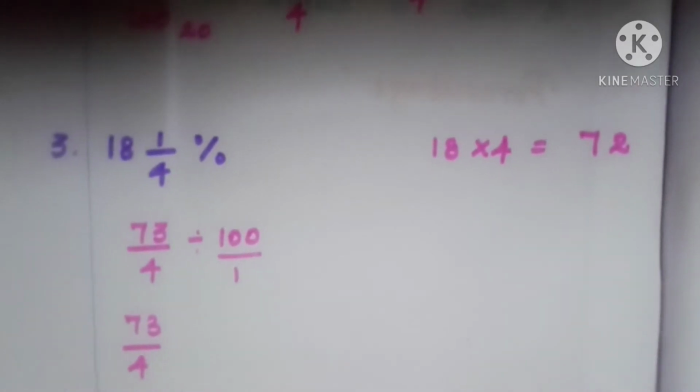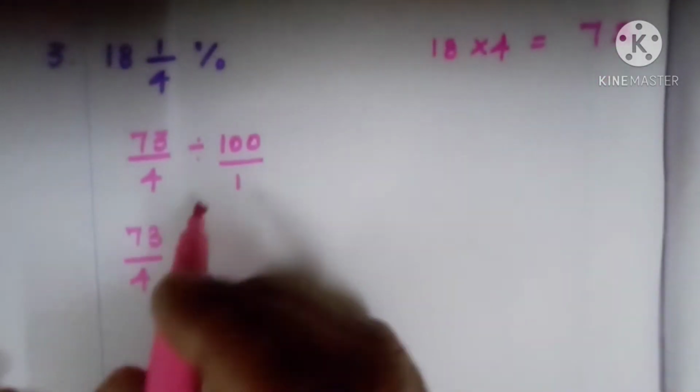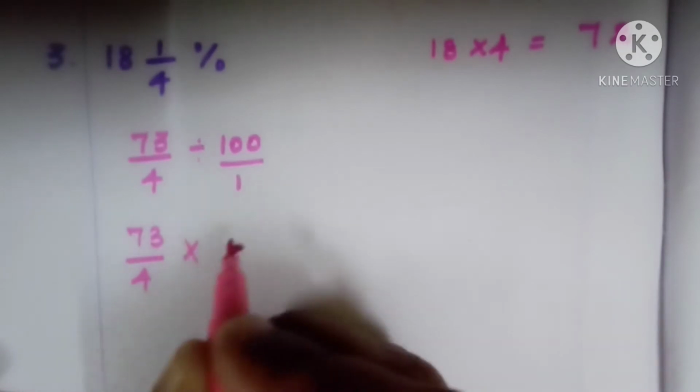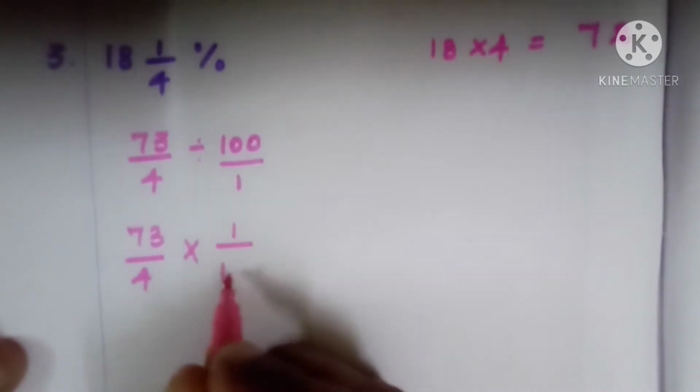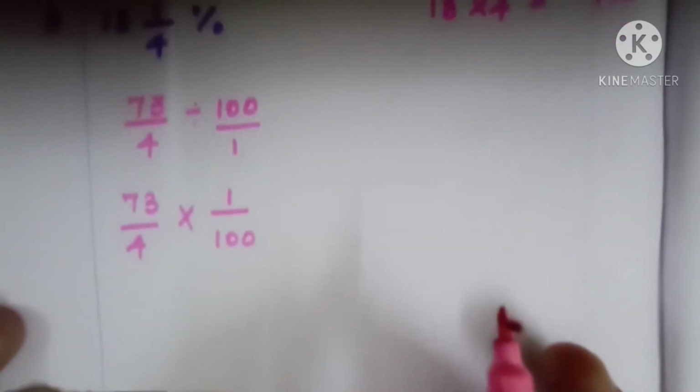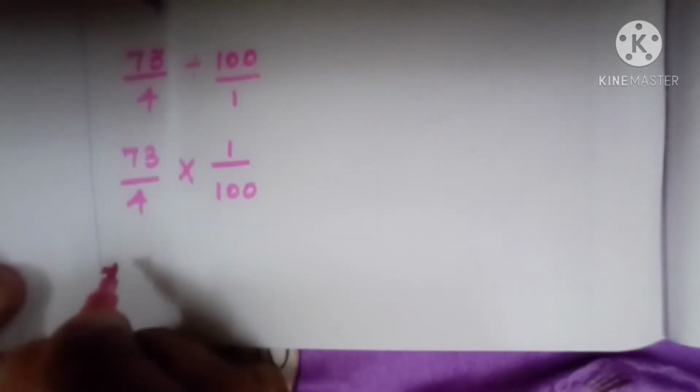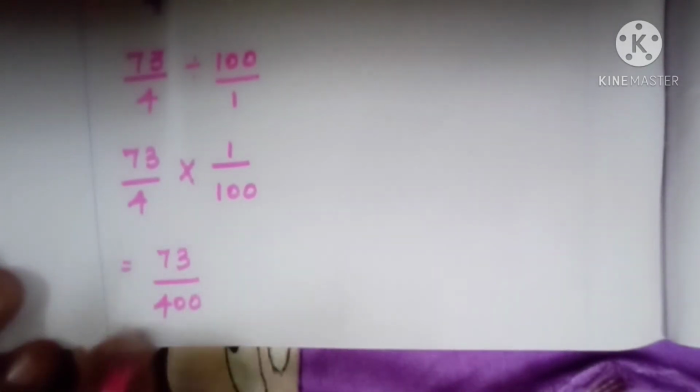A fraction division is changed into fraction multiplication. Put the reciprocal of the second term, we get 1 by 100. Then we get 73 into 1, 73 by 4 into 100, 400. It's not reducible. So what is the answer? 73 by 400.